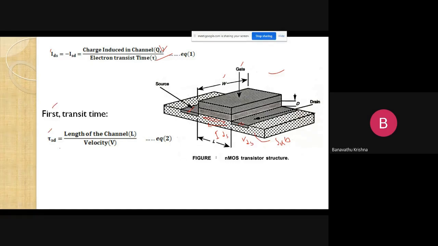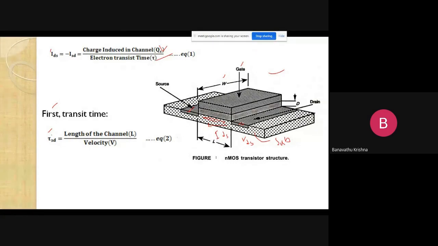Tau sd is the transit time. It means the movement of charge carriers, changing the position of the charge carriers from one position to another with a certain amount of speed. So firstly, we can find that transit time here.